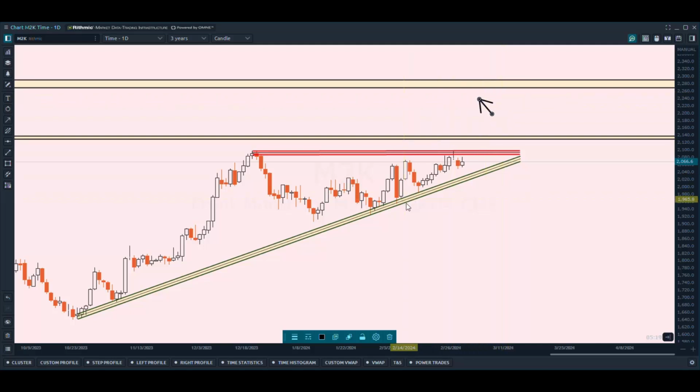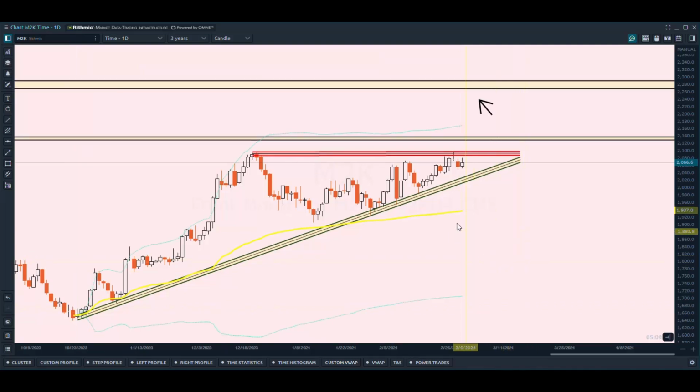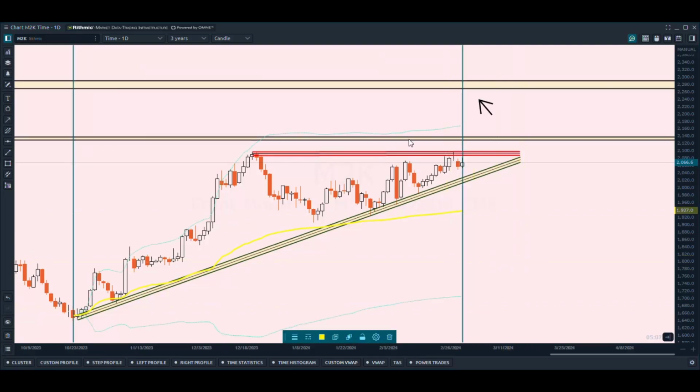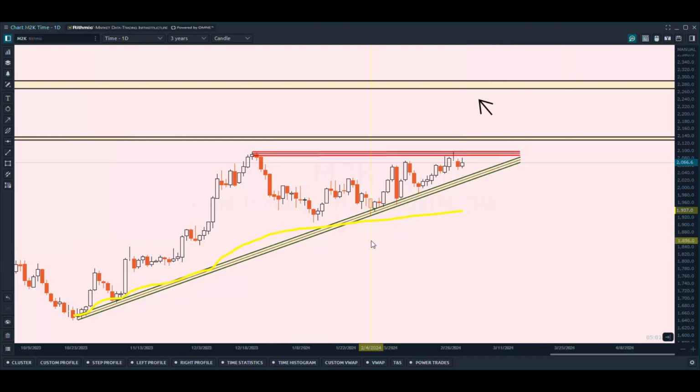Now, let's say that, what if the ascending triangle breaks to the downside? Well, in this case, you can use a number of things. I personally like to use the anchored VWAP. So if we were to get a close, and I like to use OHLC divided by 4 and remove these lines.